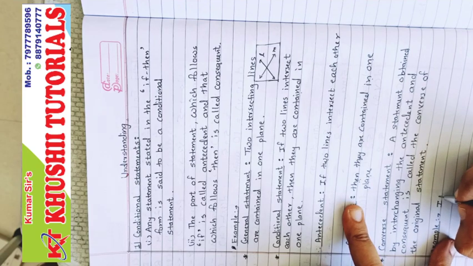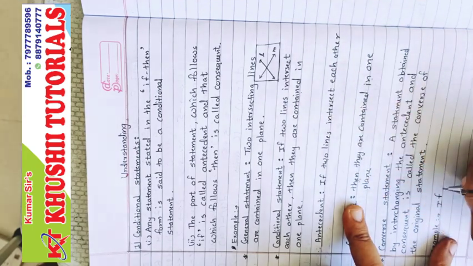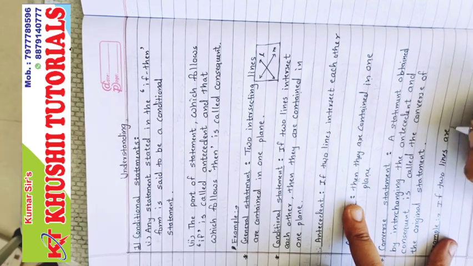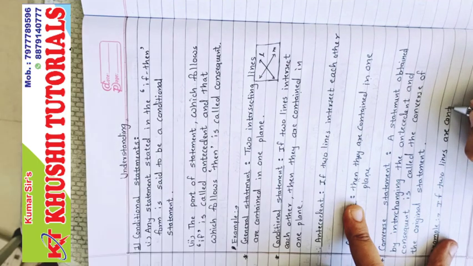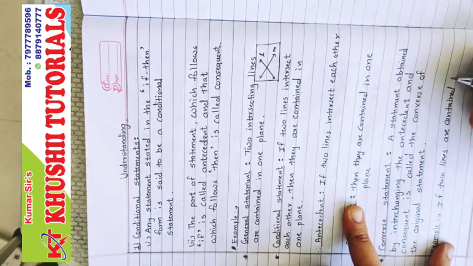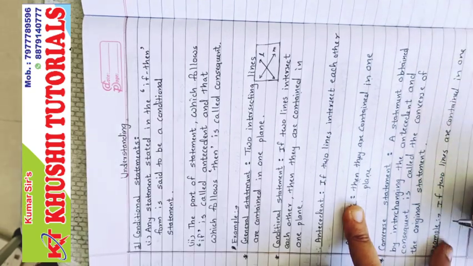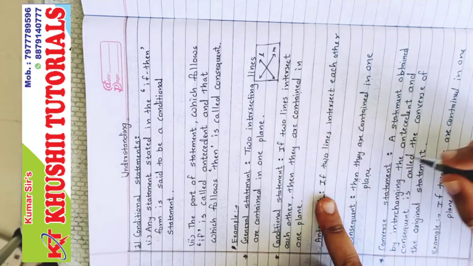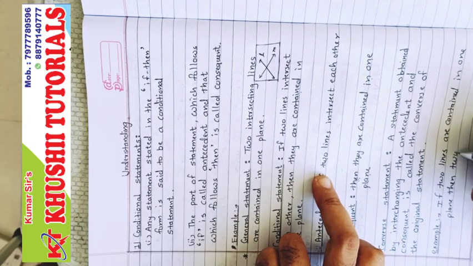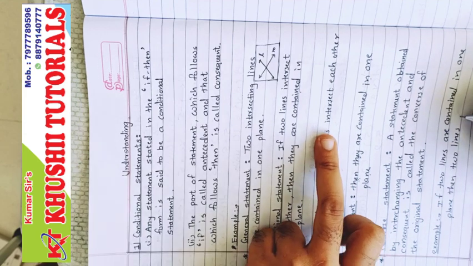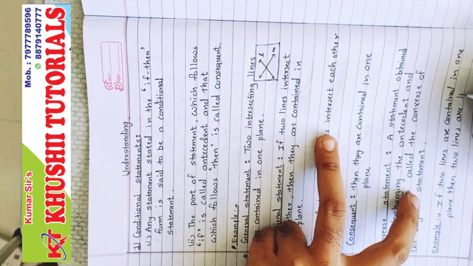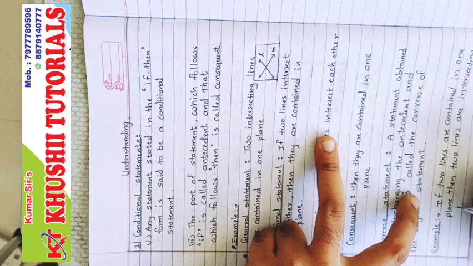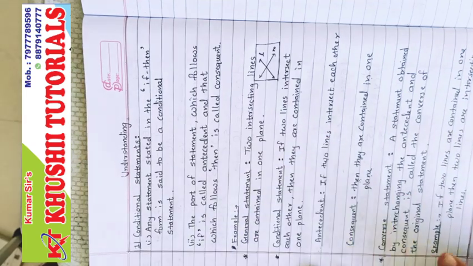If two lines are contained in one plane, then, now instead of if, then will come: then two lines intersect each other or are intersecting lines. So this is the converse statement.